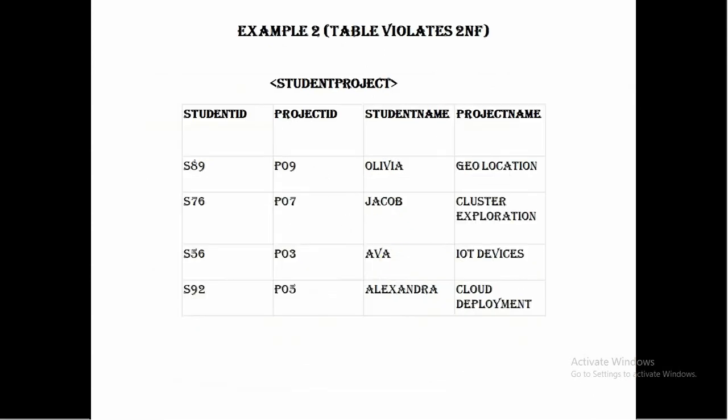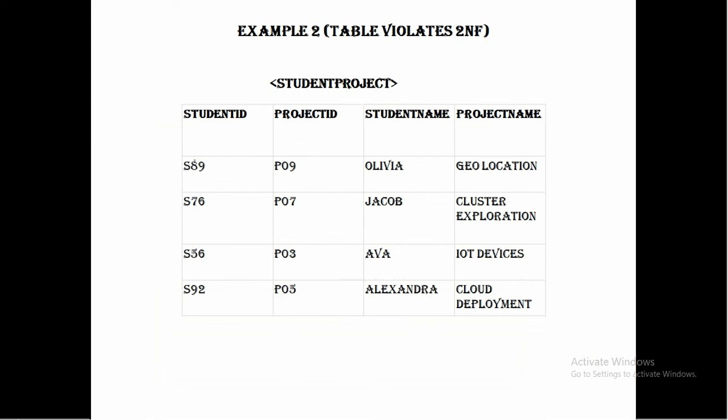Another example also. The student project relation contains 4 attributes: student ID, project ID, student name and project name. In this, the prime key attributes are SID, that is student ID, and project ID. Non-prime attributes are student name and project name. To be partially dependent, it should be functionally dependent on part of a candidate key.